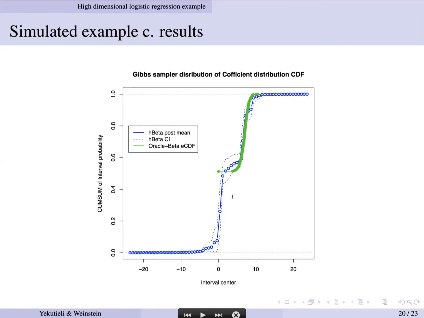The third example was betas that are a sample where with probability half it is 0. So we have a point mass of about half at 0, and otherwise it's normal with mean 3 and standard deviation 4. Again, the green is the empirical CDF of the oracle beta, and the blue is what we estimate.